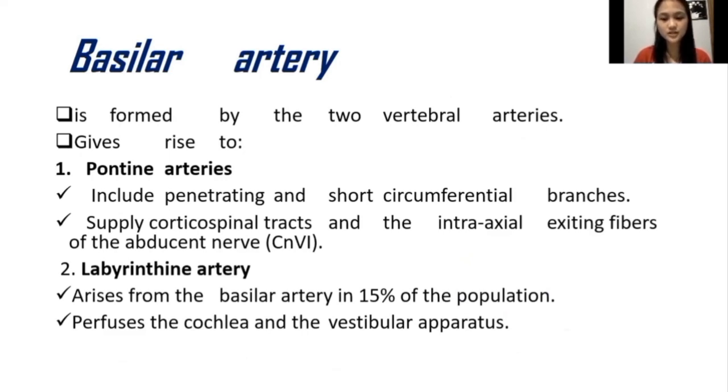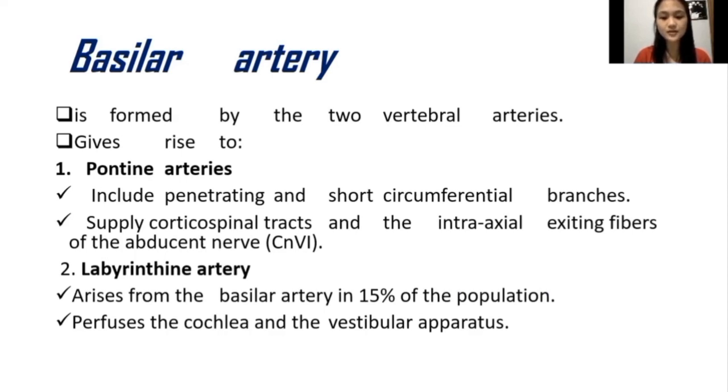The smaller branches include pontine arteries and labyrinthine arteries. The numerous pontine arteries originate from the lateral surface bilaterally of the basilar artery, as well as posteromedial arteries from the distal bifurcation. The pontine arteries include penetrating and short circumferential branches that supply the corticospinal tracts and the intraaxial exiting fibers of the abducent nerve, or cranial nerve 6.